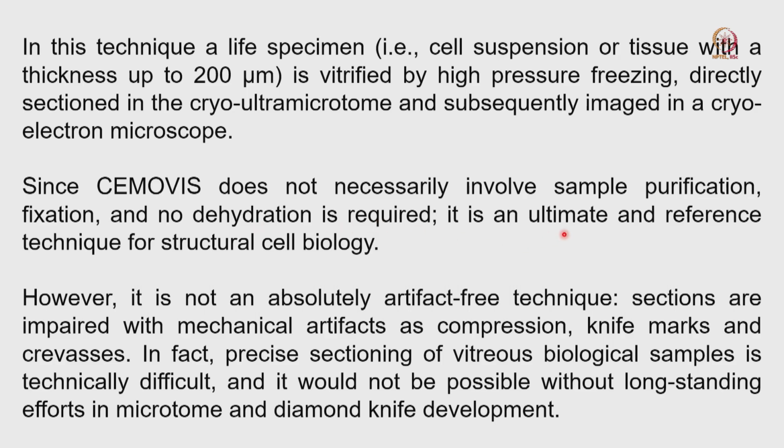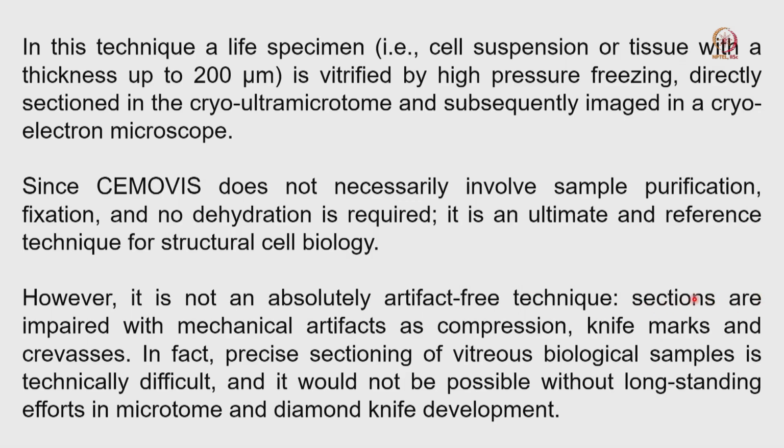It is the ultimate reference technique for structural cell biology, because it is very unique that the sample will be in a hydrated condition, so it is easy to section and then image as it is. However, it is not an absolutely artifact free technique.